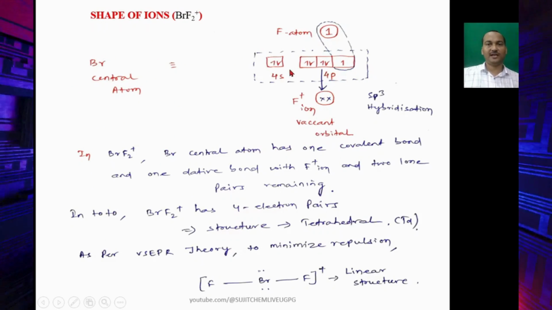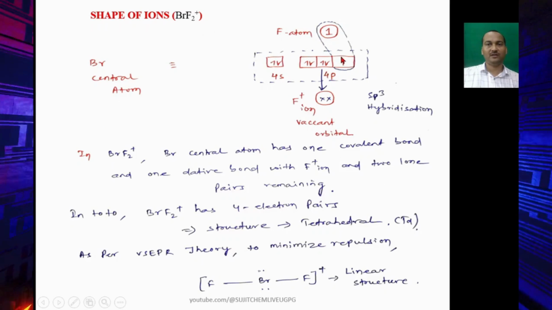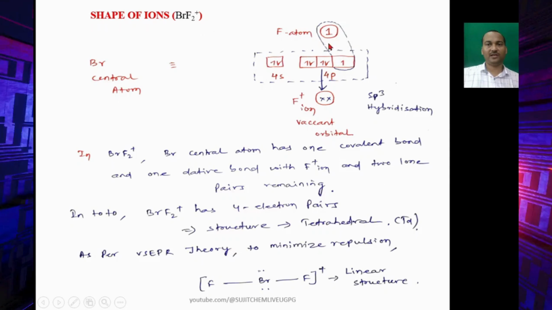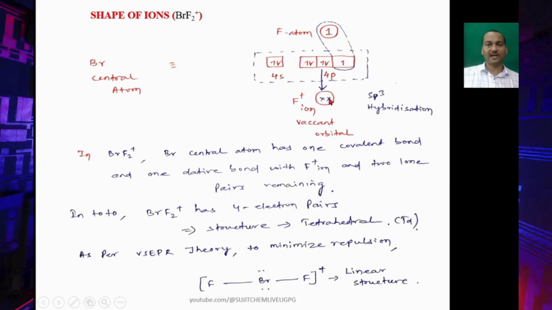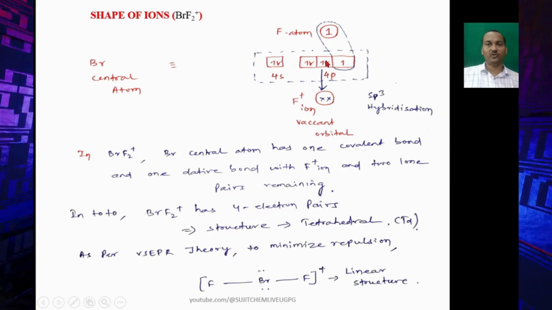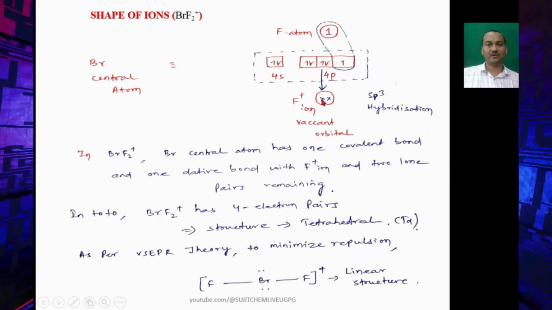So Br is the central atom, 4s2 4p5, with one unpaired electron, and the fluorine atom also has one unpaired electron, so they can overlap giving rise to a covalent bond. Similarly, the F plus ion has a vacant orbital, so a lone pair of a 4p orbital can donate its pair of electrons giving rise to a dative bond.